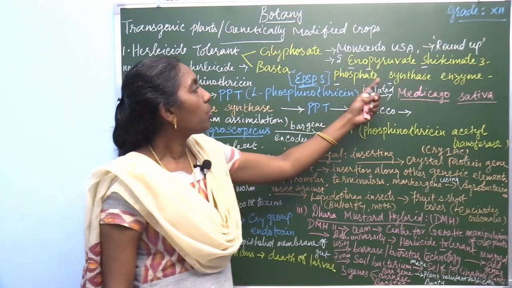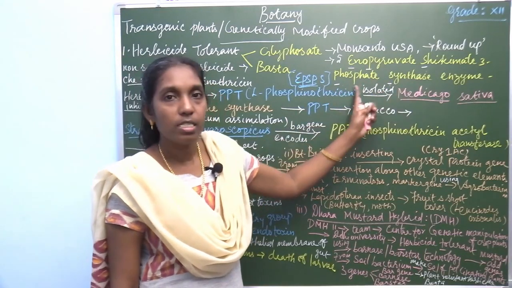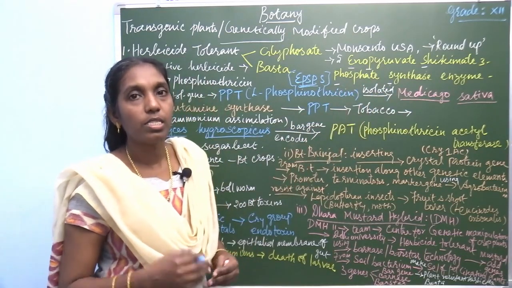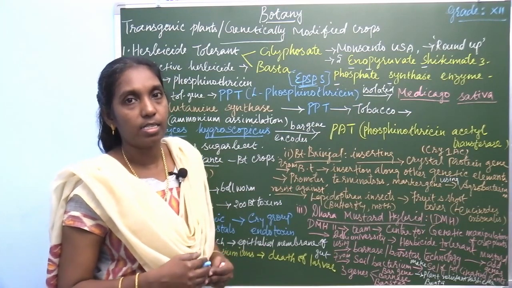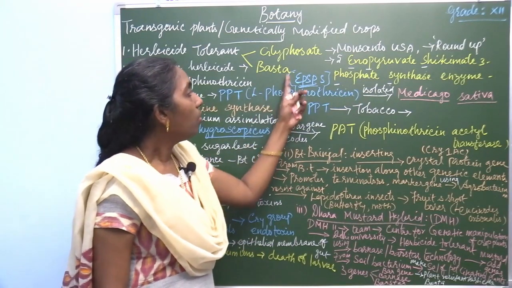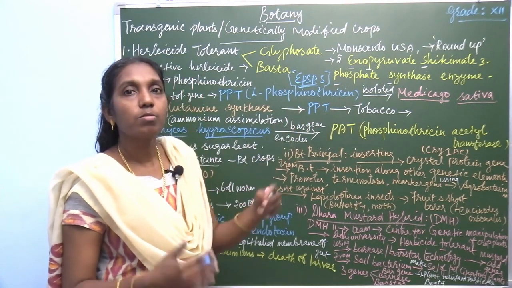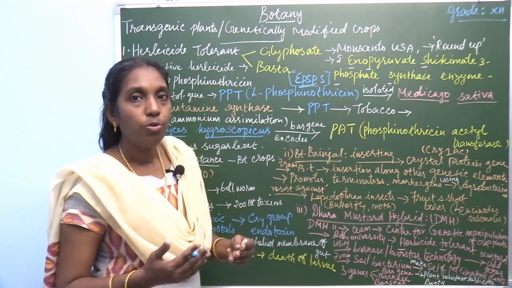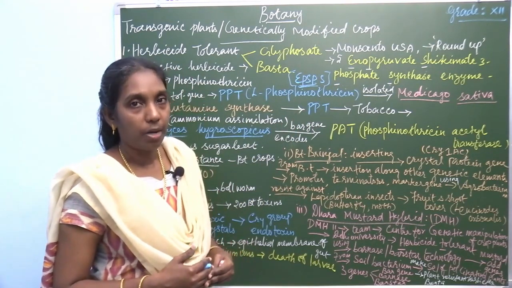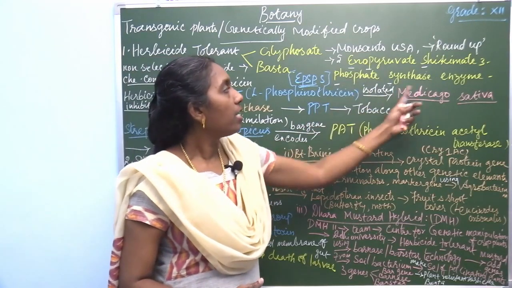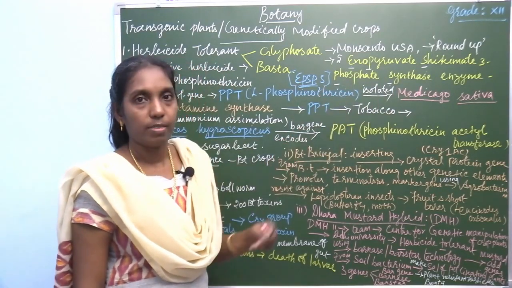So this process can be affected by this enzyme. It inhibits the process of amino acid synthesis. So there are some strategies to make transgenic plants against this enzyme EPSPS.